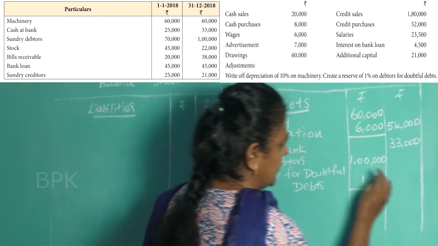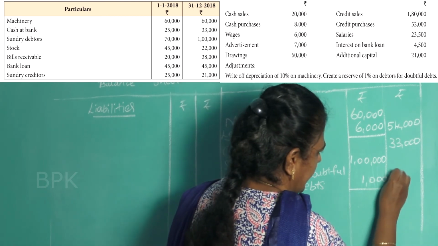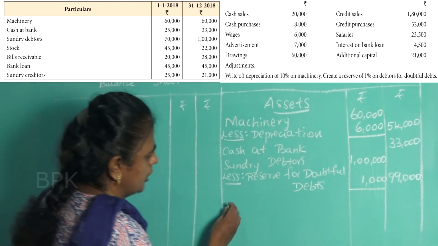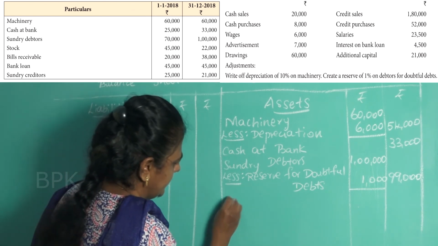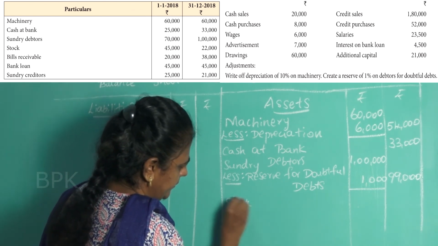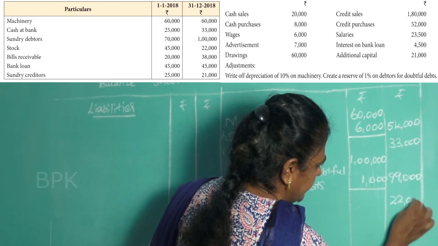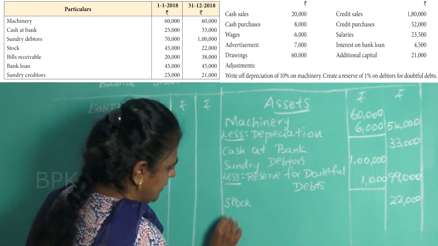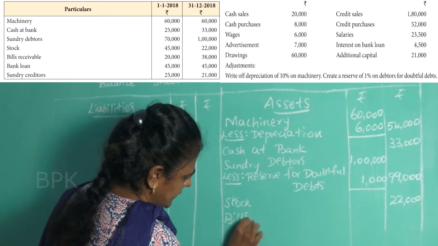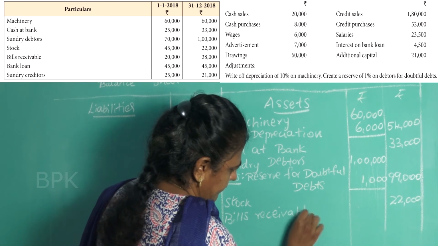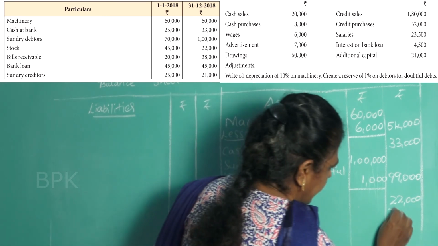Already it is there in the profit and loss. Subtract and write here 99,000. Then bring the stock at the end, stock 22,000, bills receivable 38,000.